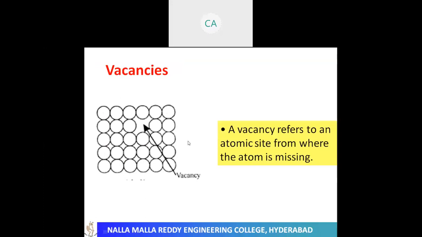First of all, we will deal with vacancy defect. A vacancy refers to an atomic site from where the atom is missing. This may be due to imperfect packing during original crystallization or from the thermal vibration of atoms or molecules.